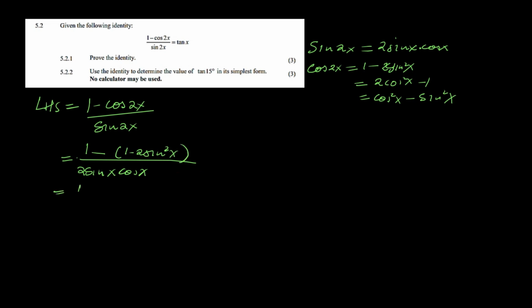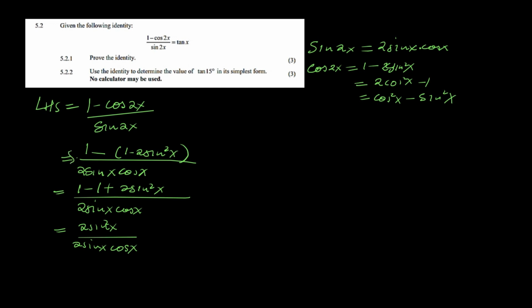This will be 1 minus 1 plus 2 sine squared x, all divided by 2 sine x cos x. Thereafter 1 minus 1 is just 0. This is 2 sine squared x divided by 2 sine x cos x.